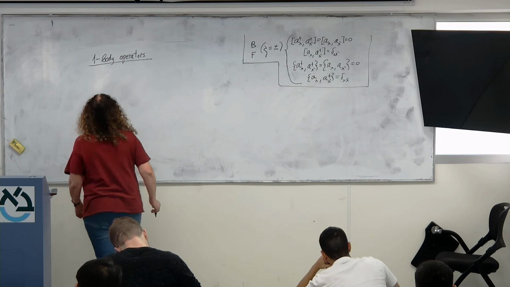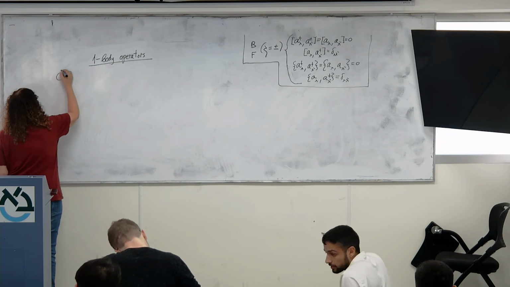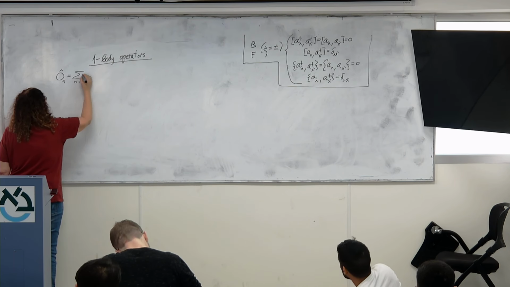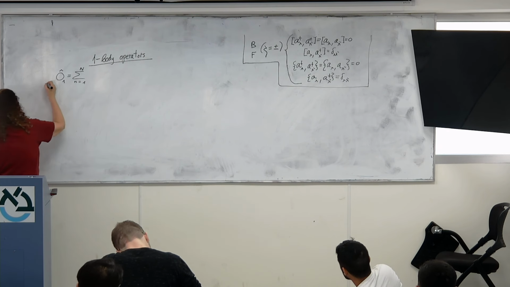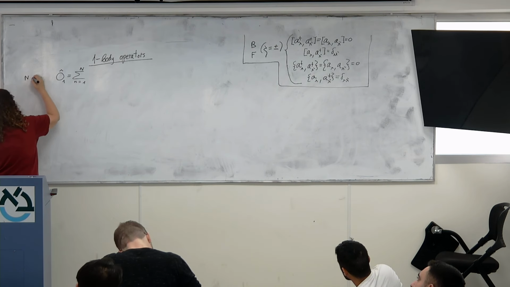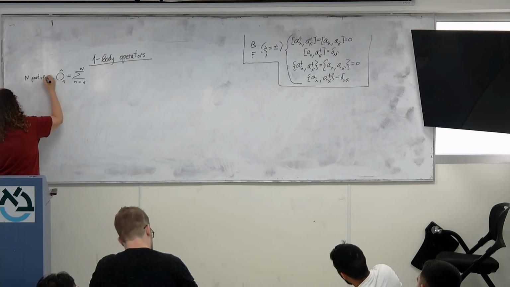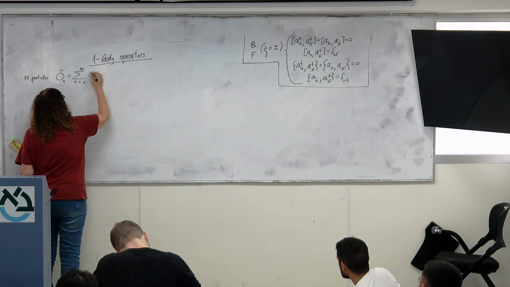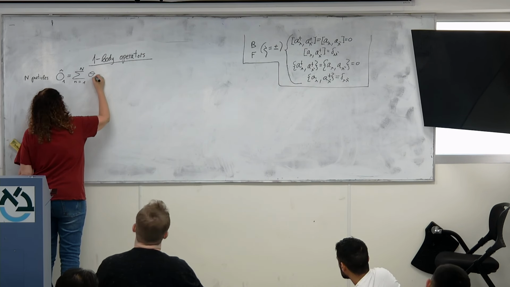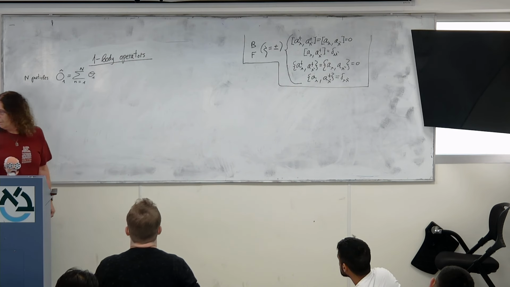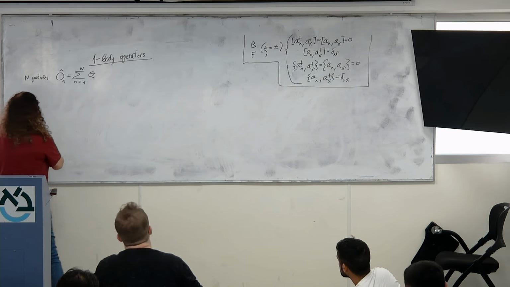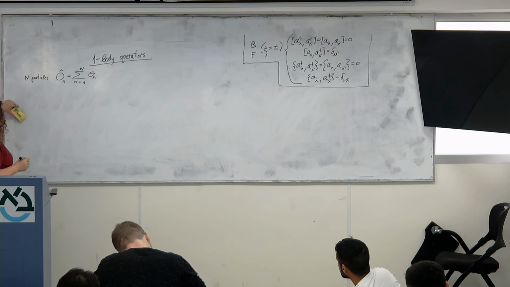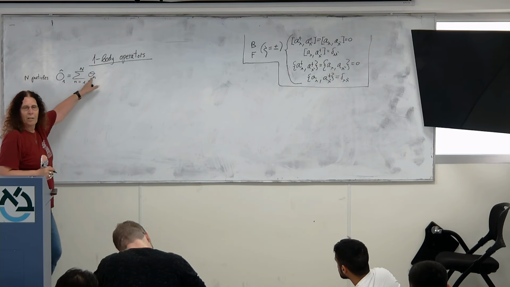So usually we can write such an operator as a sum over n, this is for N particles, of little o(n). So o(n) is an operator that acts on the particle n.